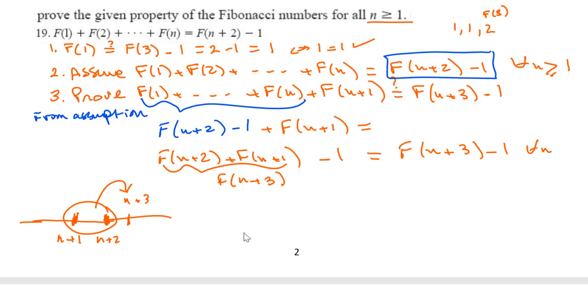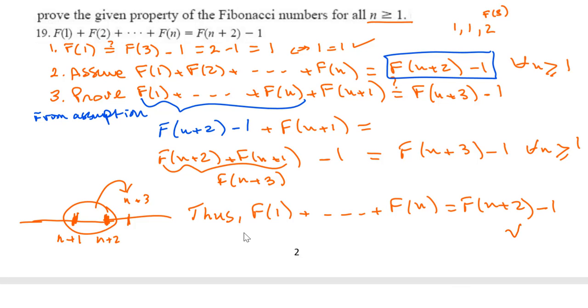This is true for all n greater or equal to 1. So we proved the n plus 1 case, and therefore we're done with the proof. Thus, if I add all the Fibonacci numbers, it's the same as F(n+2) minus 1 for all n greater or equal to 1.